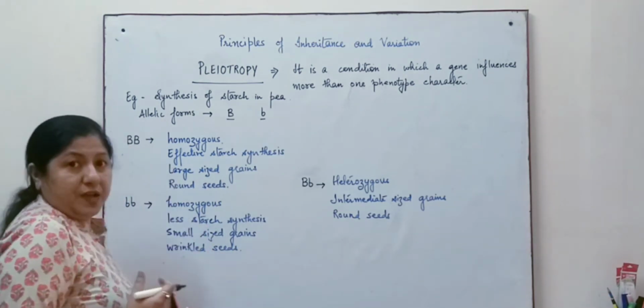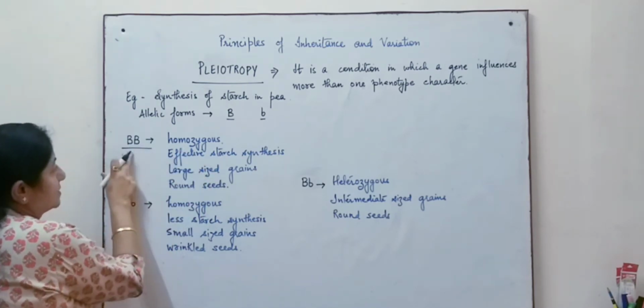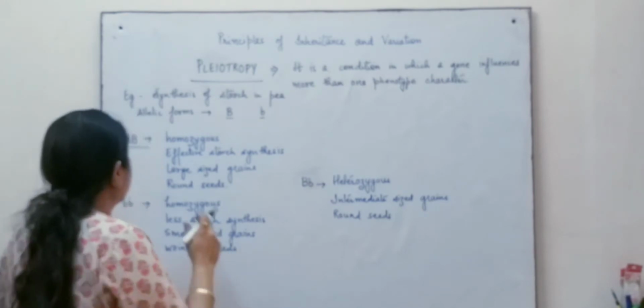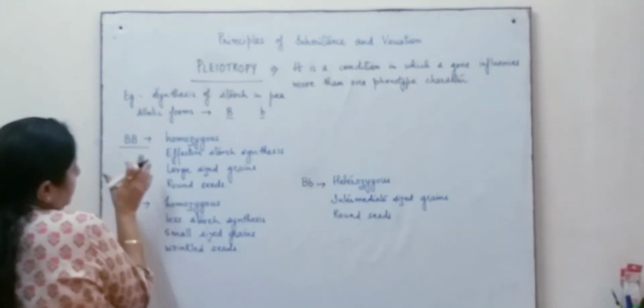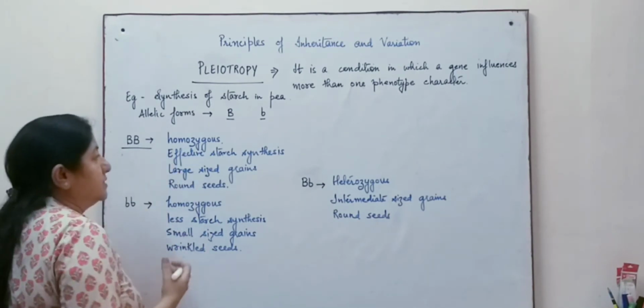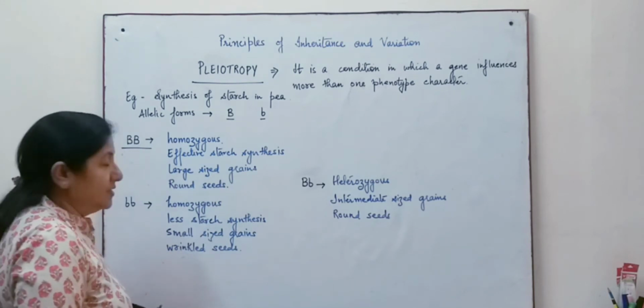And it was found that a plant having the homozygous condition, that means when both members of the allelic pair are the same, the plants were capable of effective starch synthesis.